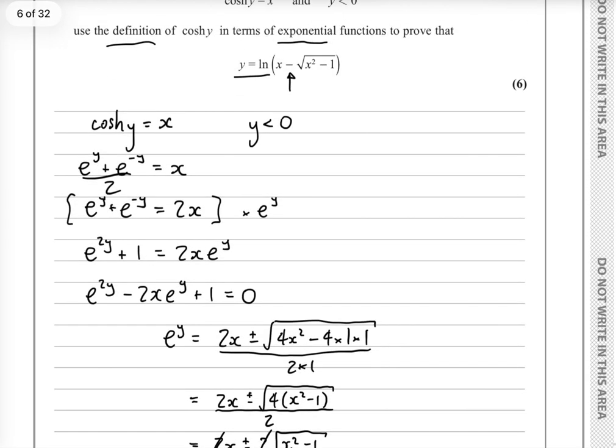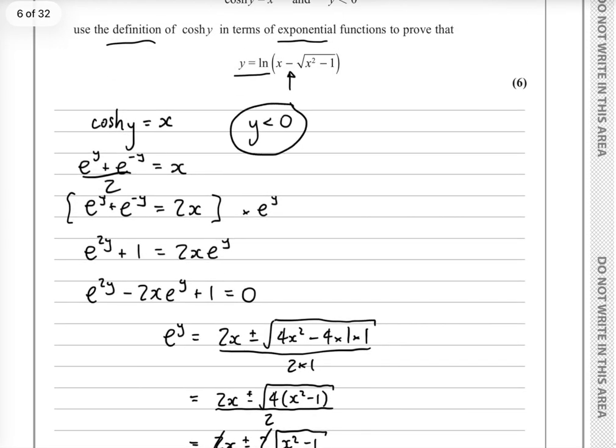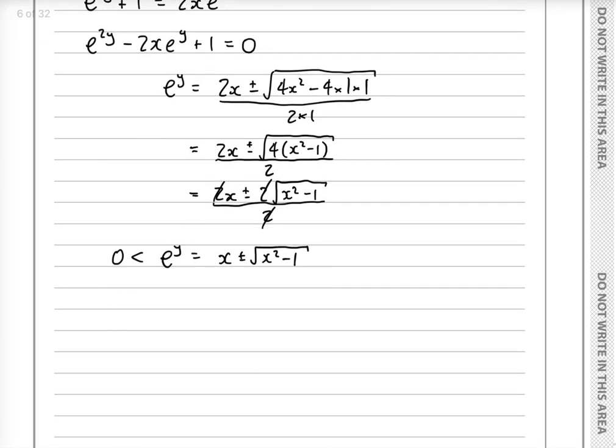But given that y is less than 0, not in general, but in this case, in this question, y must be less than 0. If a power is less than 0, that means e to that power is less than 1. That's because y is less than 0. But we also know that x must be greater than 1, because if x is between minus 1 and 1, this thing gives us a negative number inside the square root.